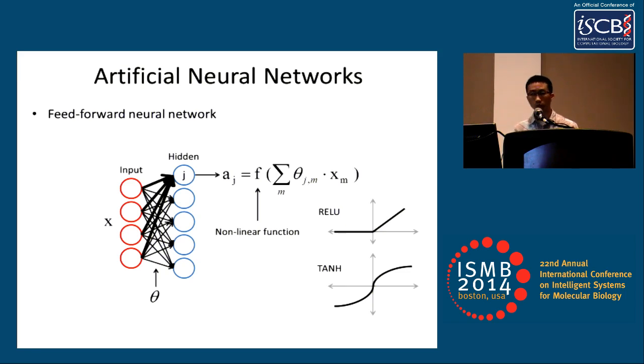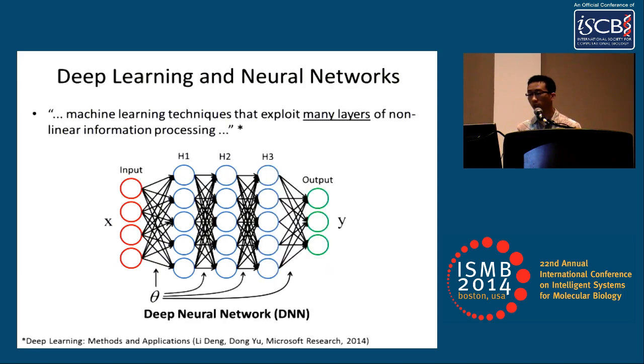Now, when people talk about these deep architectures, all they mean is that you stack a whole bunch of these hidden layers together. And I have taken this definition from a deep learning review. Deep learning refers to machine learning techniques that exploit many layers of nonlinear information processing.